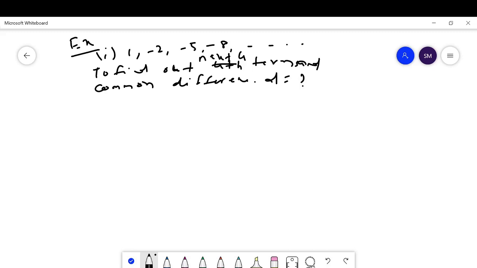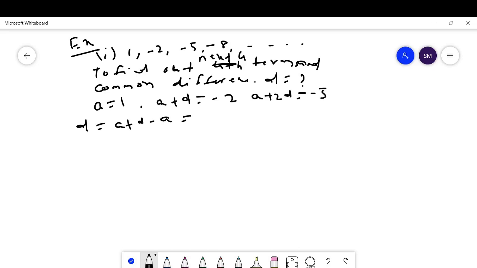Look here, A equals 1, the next term A plus D equals minus 2, next A plus 2D equals minus 5. Then what is D here? D is A plus D minus A, that is minus 2 minus 1, which is minus 3. Here the common difference is minus 3 and A equals 1.